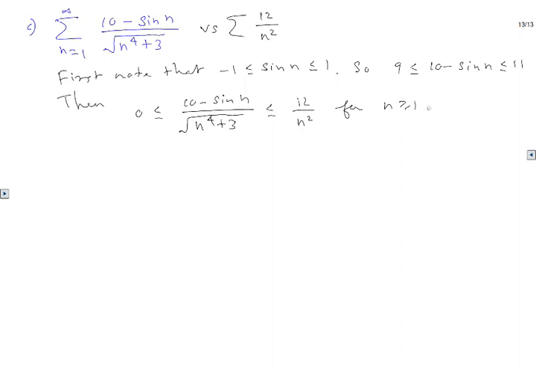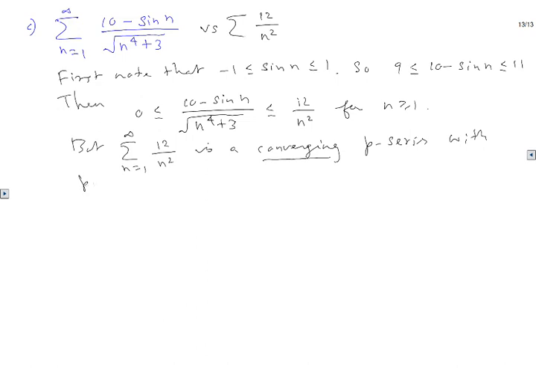Okay, so we have everything we need, and we know that the second series converges. Sigma n going from 1 to infinity of 12 over n squared. Even with 12, we still call it a p series because that's a constant. It is a converging p series, and this word is important, with p equal to 2, which is greater than 1.